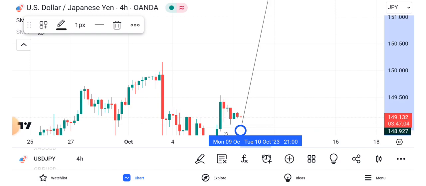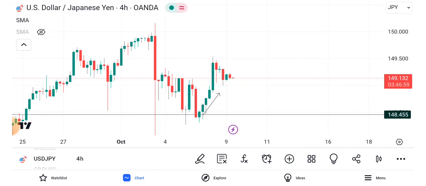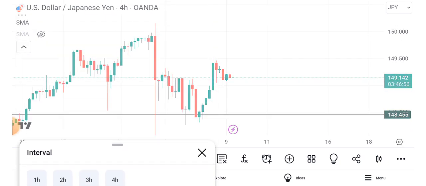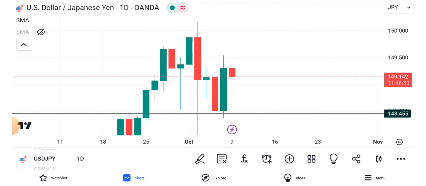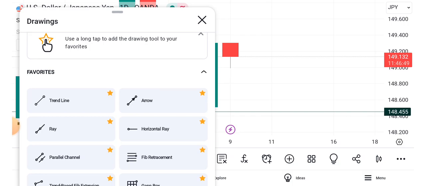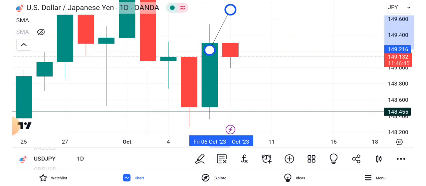So you heard me say something about should the candle break below the 0.5 of the bullish candle. This is what I mean. See this bullish candle here. This particular one here.